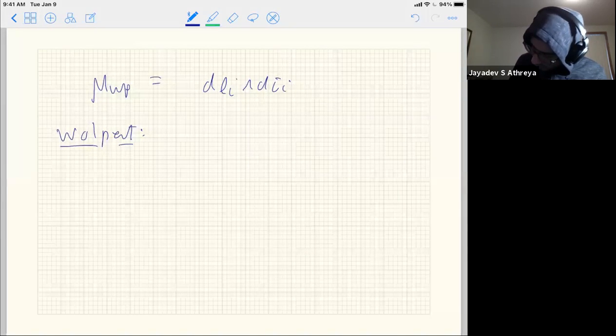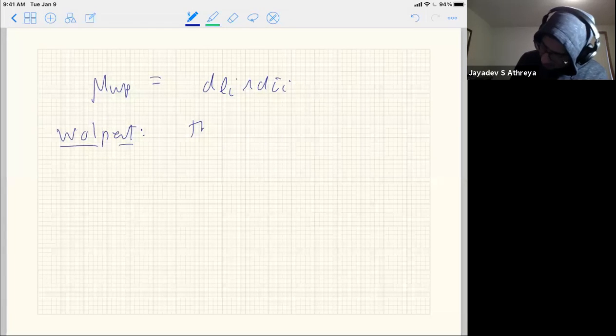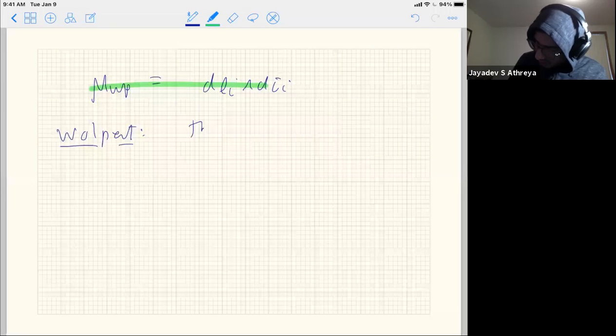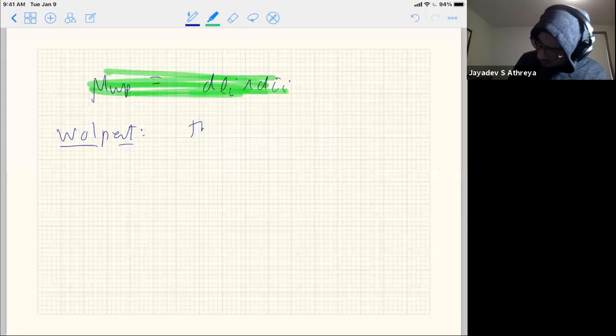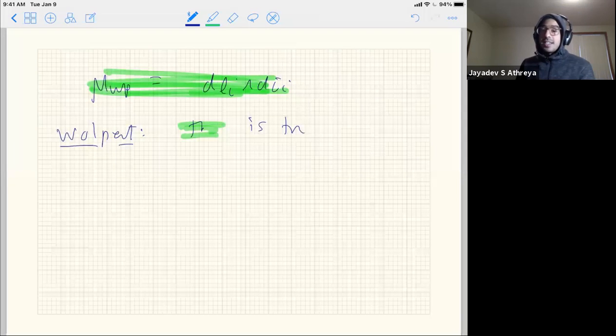But Wolpert showed that this is true, whatever is in green here. I should be very clear: Wolpert's theorem is very hard and very deep. It's a really remarkable and beautiful result.